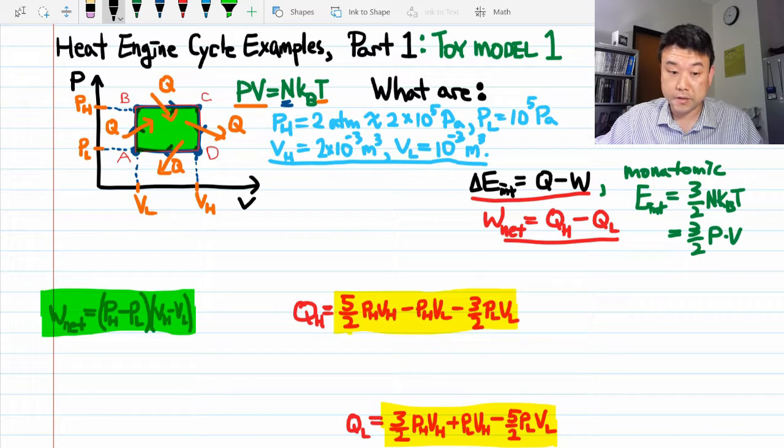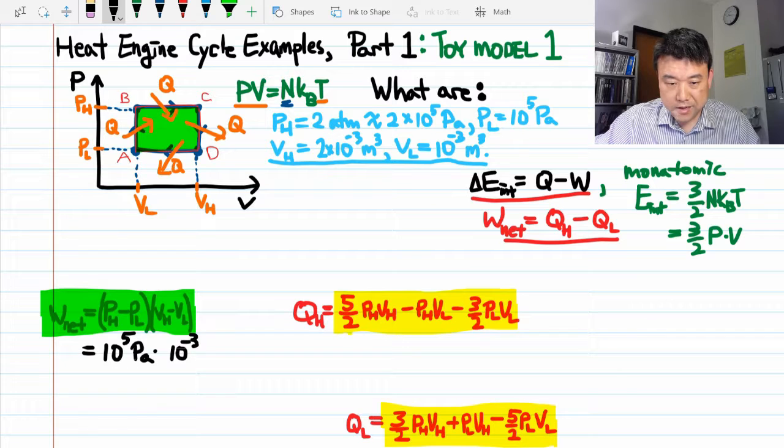That's the difference in the pressures, 10 to the 5 pascals, times the difference in the volume, 10 to the minus 3 cubic meters. Since these are basic SI units, I'm going to trust that the units work out to joules, which is what it's supposed to be. So 10 to the 2, that would be 100 joules.